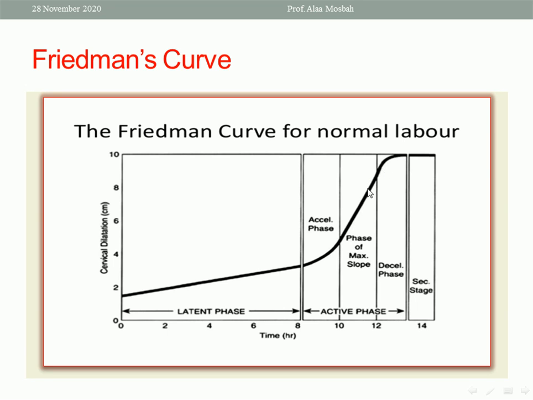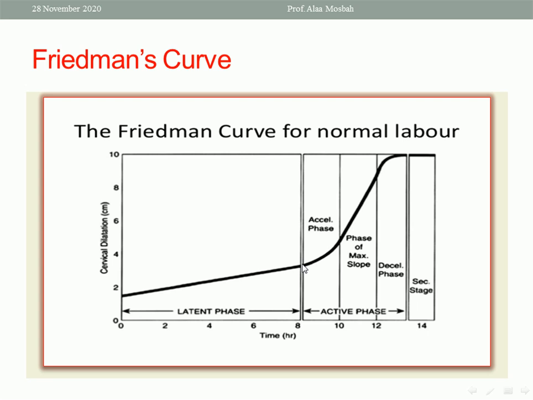But nowadays, with the modified Partograph of WHO, the active phase starts from 4 centimeters, not from 3 centimeters as in the Friedman curve.